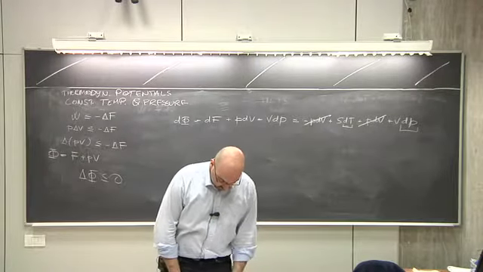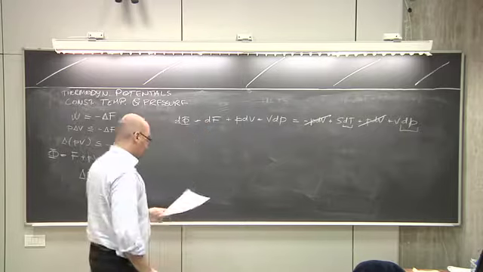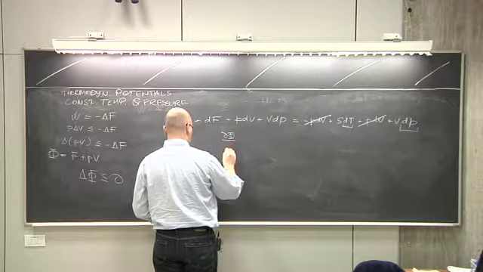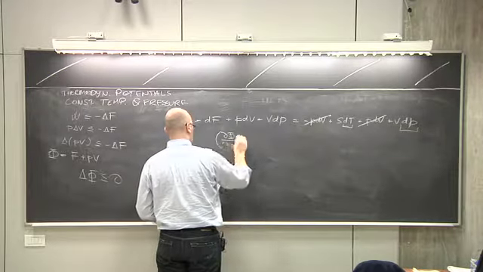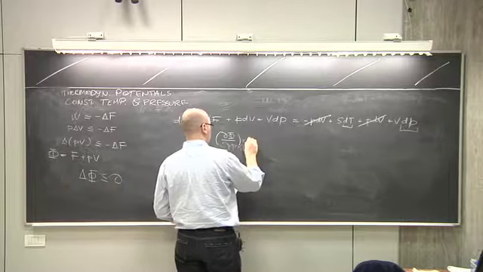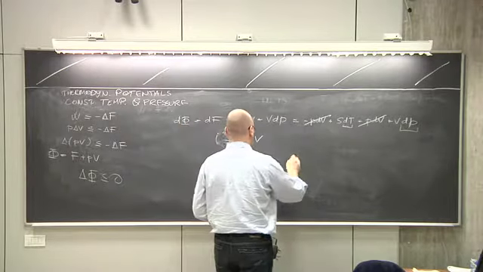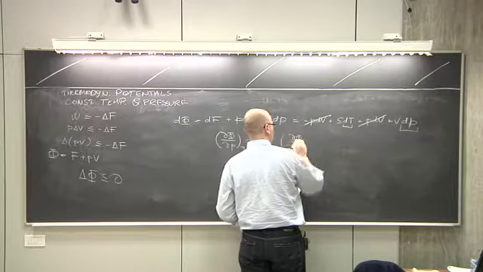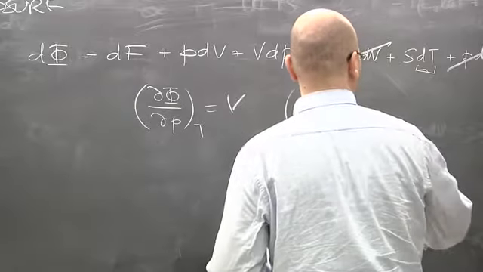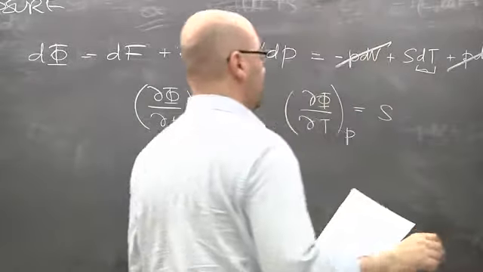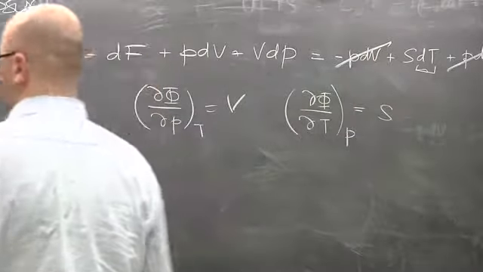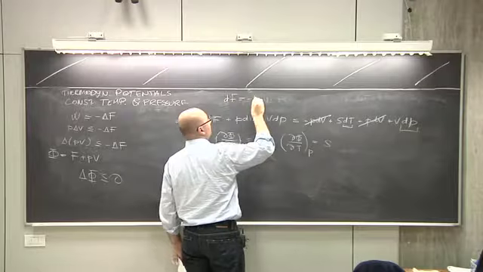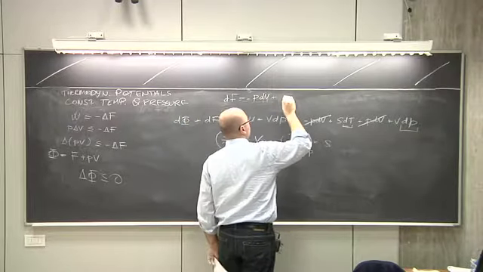Okay? So from this we see that the derivative of phi in dP at constant temperature is equal to the volume, and the derivative of phi by dT at constant pressure is equal to the entropy. If you look at the expression of F, dF is minus P dV plus S dT.